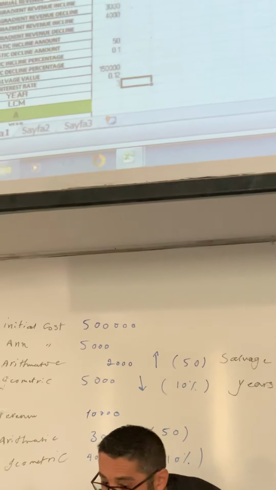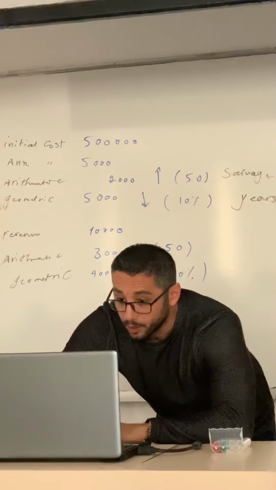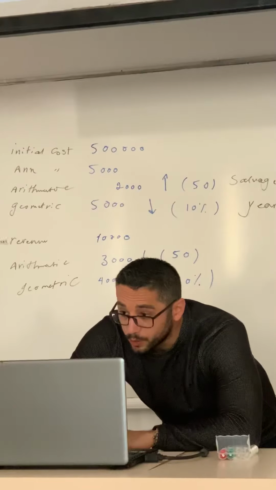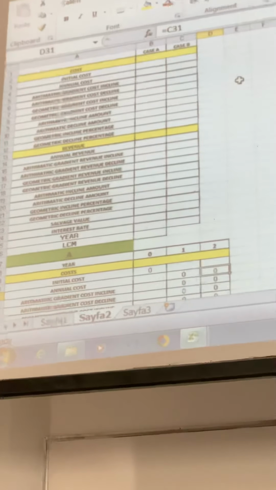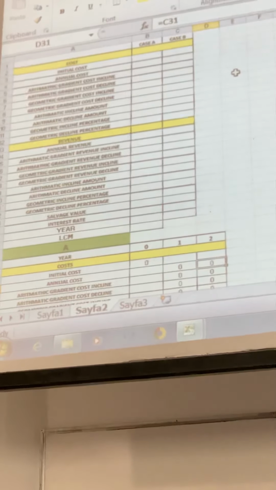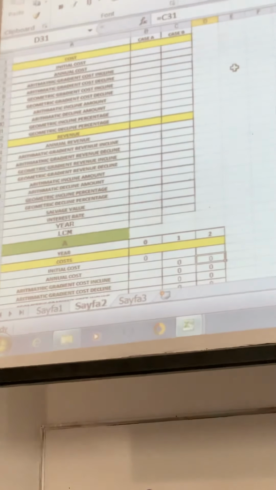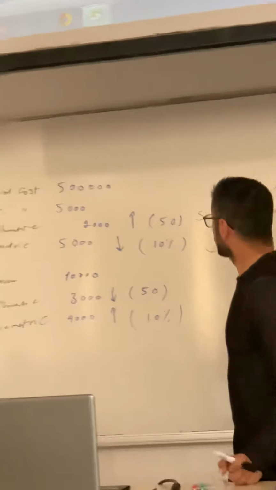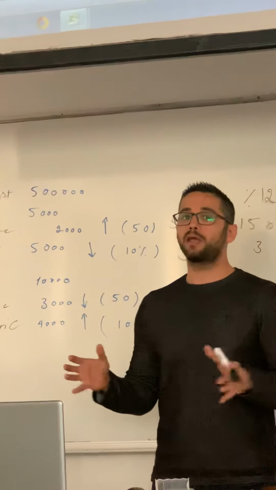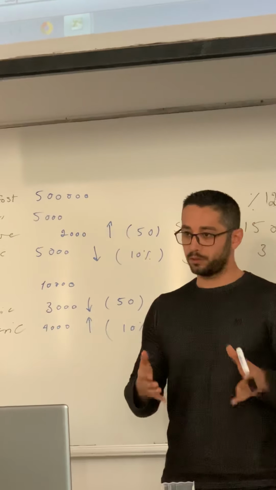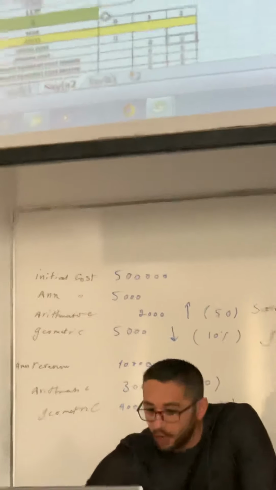Now, go back to the sheet. We want to check how we link the inputs to the cells that calculate the output for us. Basically, the initial cost is a fixed amount you pay upfront in year zero.